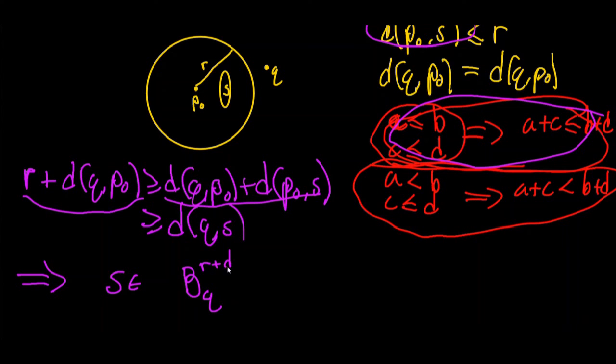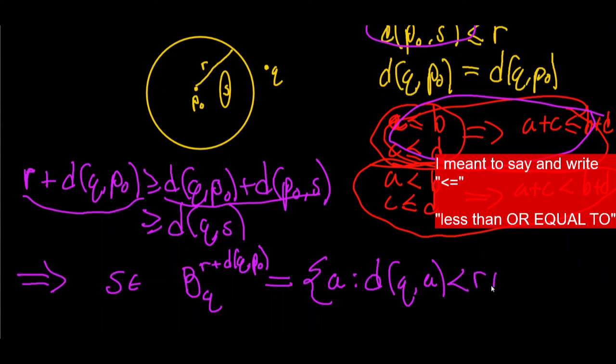plus the distance between Q and P naught. And this is a weird notation. I don't know why I'm writing like this, but this closed ball is equal to all the points A such that the distance between Q and A is less than or equal to our radius, which is R plus the distance between Q and P naught. And look at this.